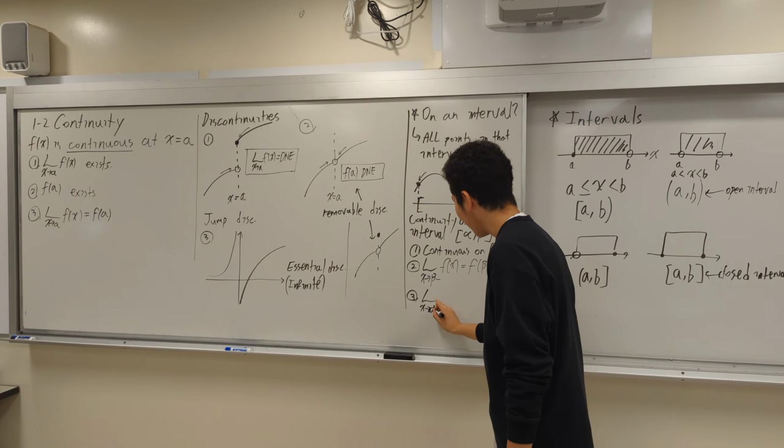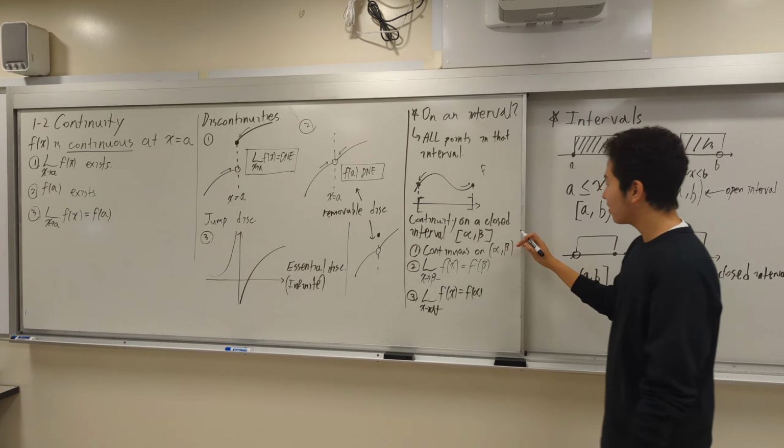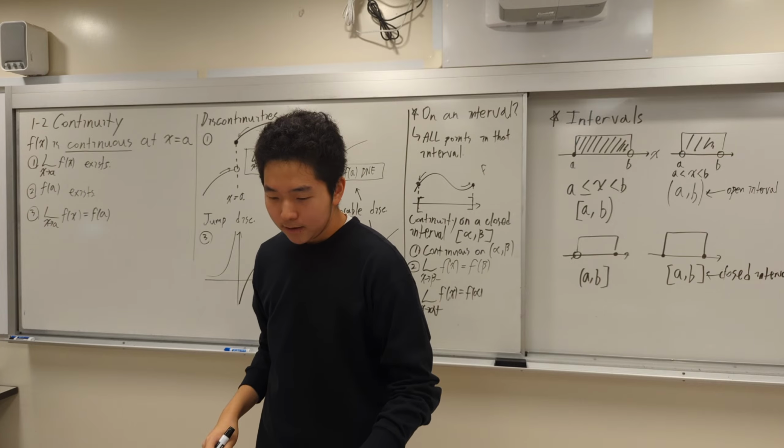So the limit as x goes to alpha plus of f of x has to equal f of alpha. So this is the only exception when we're doing continuity on an interval: just be careful on closed intervals. You don't have to look at both sides of the limit.